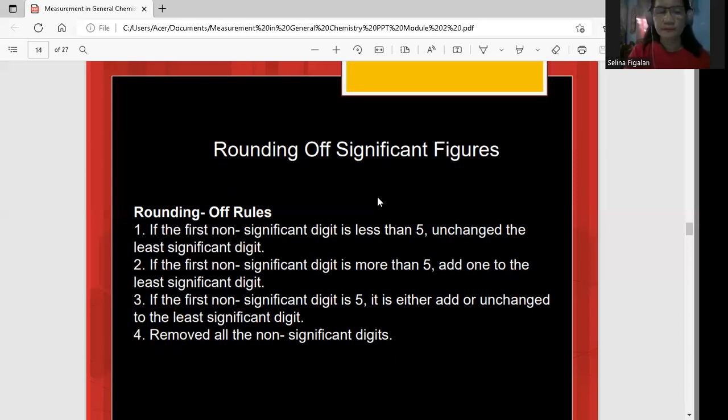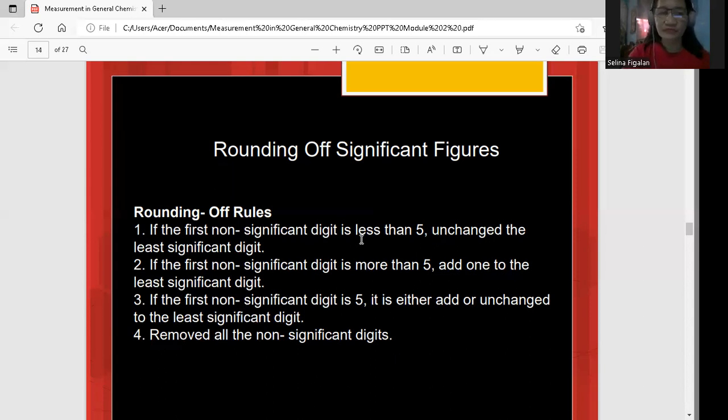Because 1 before the decimal point, consider as the whole number. So, like for example, if 46.2, then i-round off mo siya into a whole number. So, since the next number to 46 is 2, the decimal point or the point, which means na less than 5, so hindi ka pwedeng mag-increase.